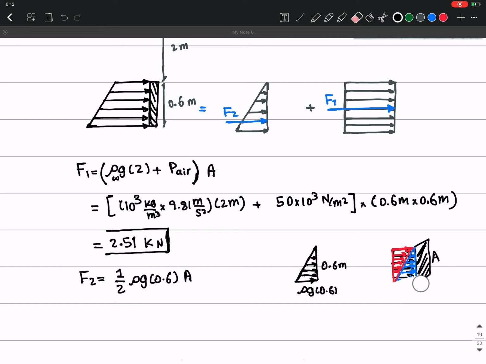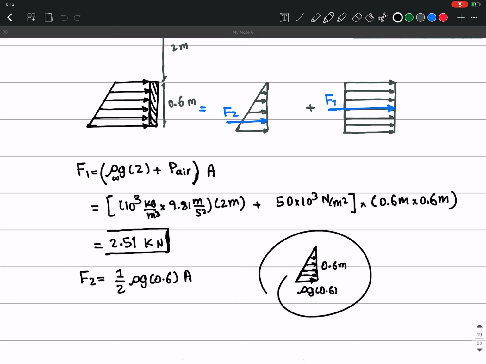So always when you want to calculate, for example, for this kind of triangles, you can calculate first for a full rectangle and then divide it by half, right? Because you only have half of it.